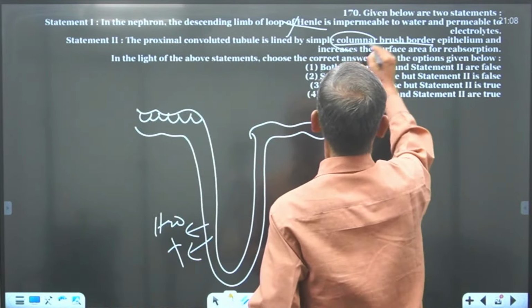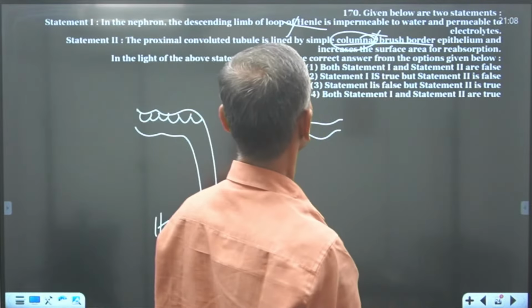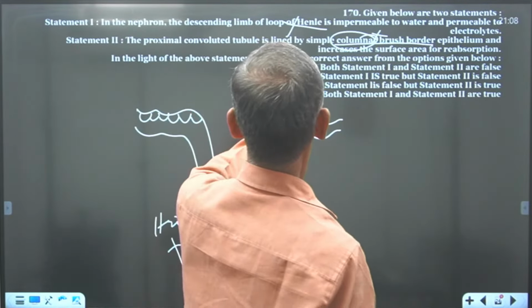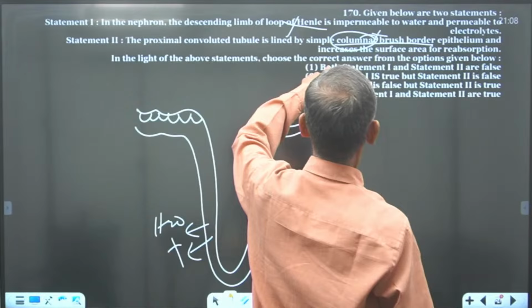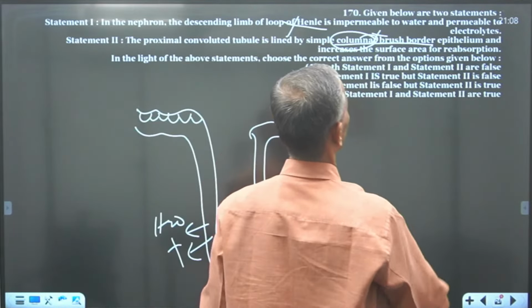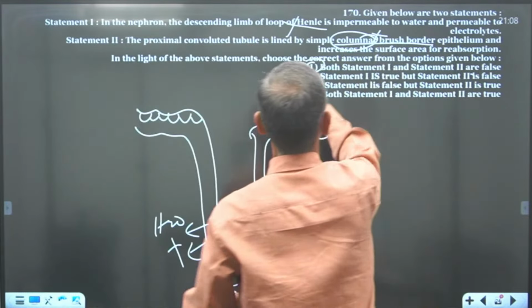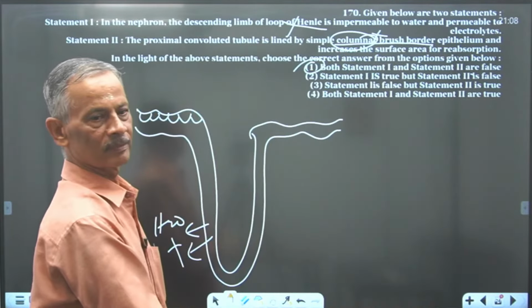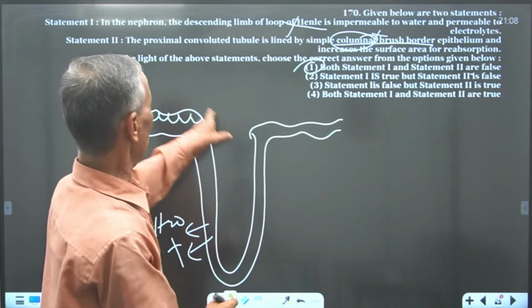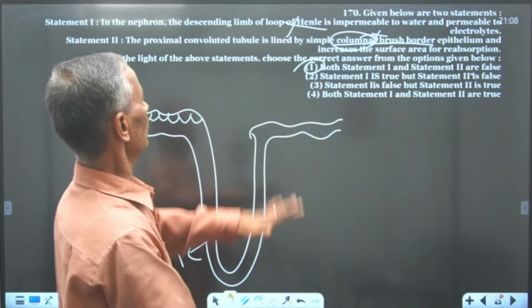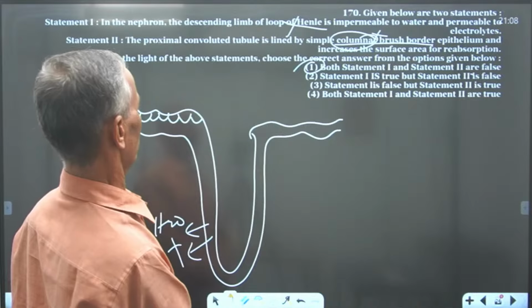So it is columnar, wrong. So first statement and second statement are all wrong. Both statement 1 and 2 are false. Is that clear? It is lined by simple cuboidal epithelium.